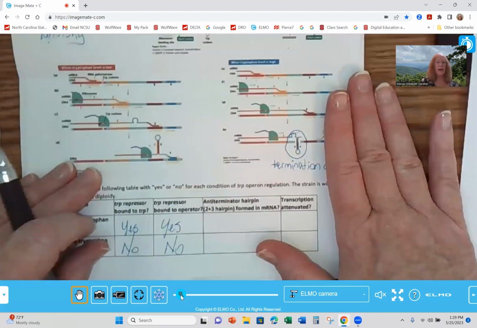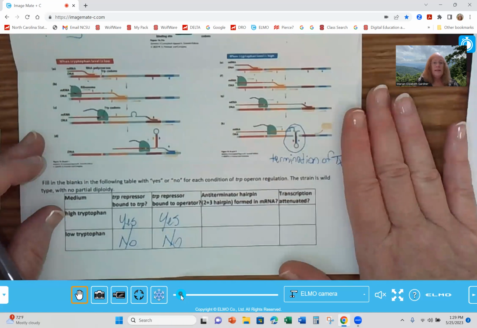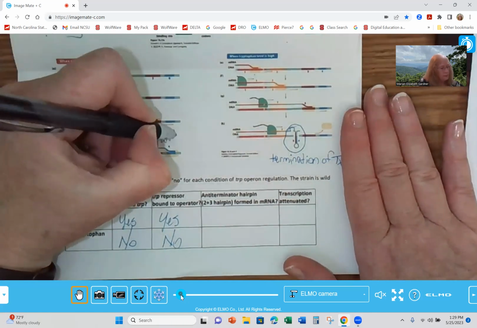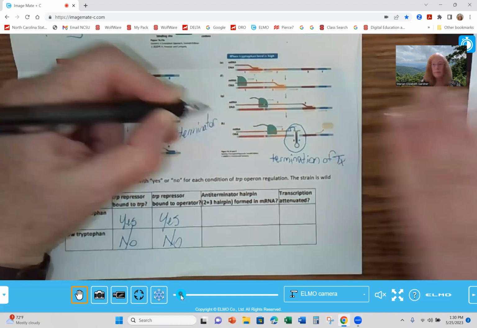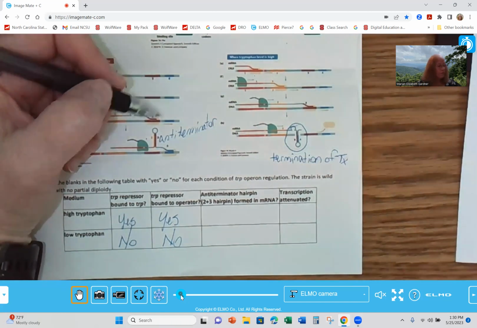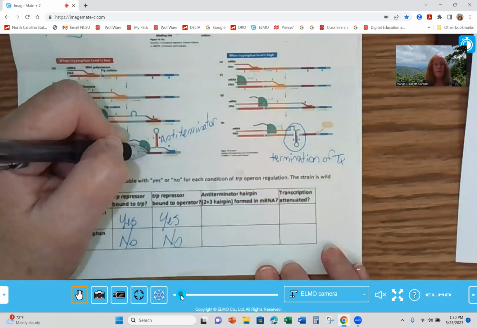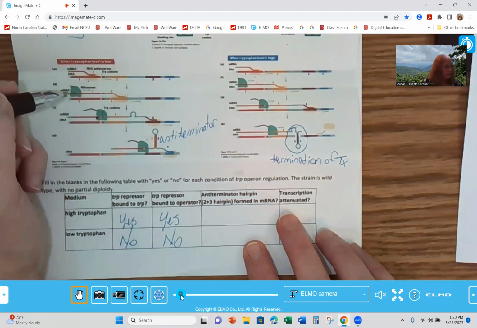Now let's look at this other diagram. Is the anti-terminator, that would be this one, formed in the messenger RNA with high tryptophan?